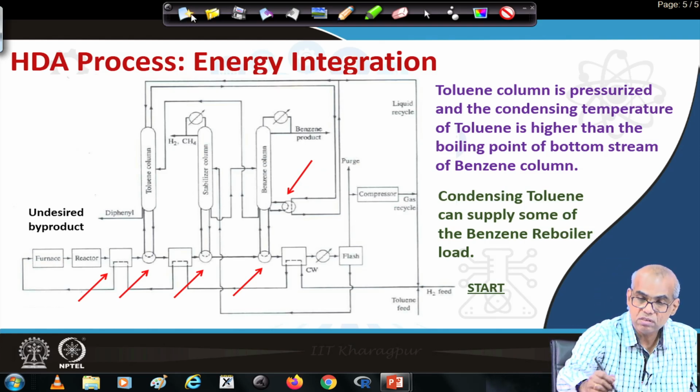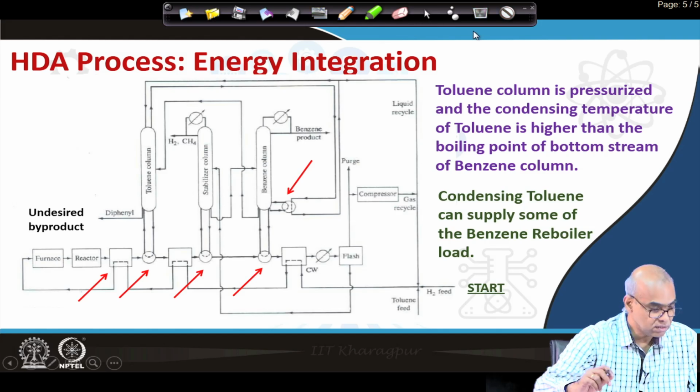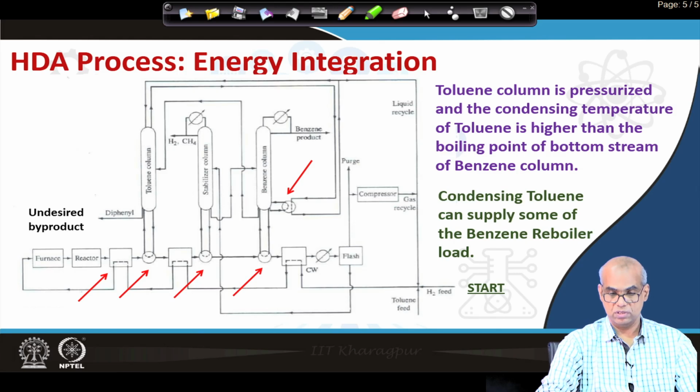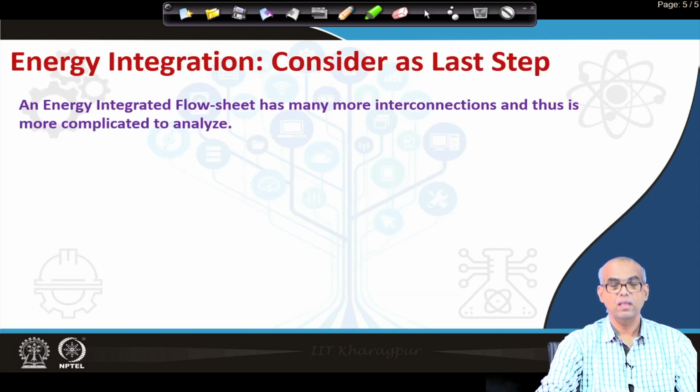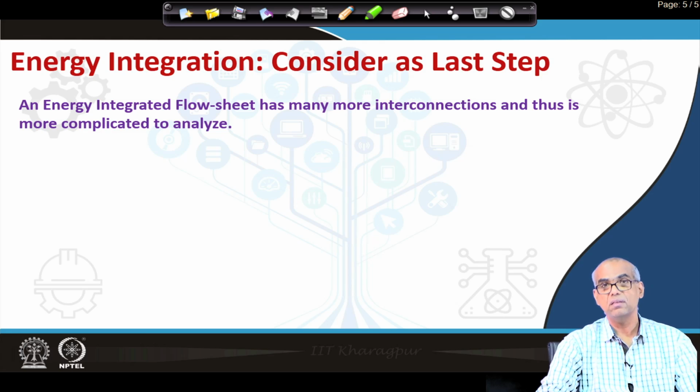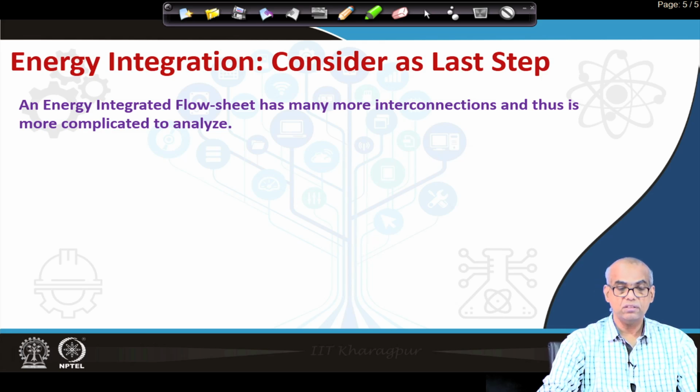So, what we just saw is some amount of energy integration in the process. But we could also realize that the flow sheet which involves energy integration has many more interconnections and thus is more complicated to analyze.